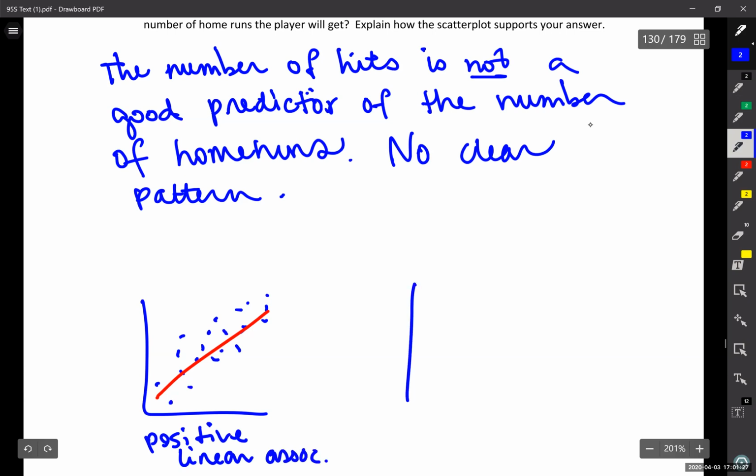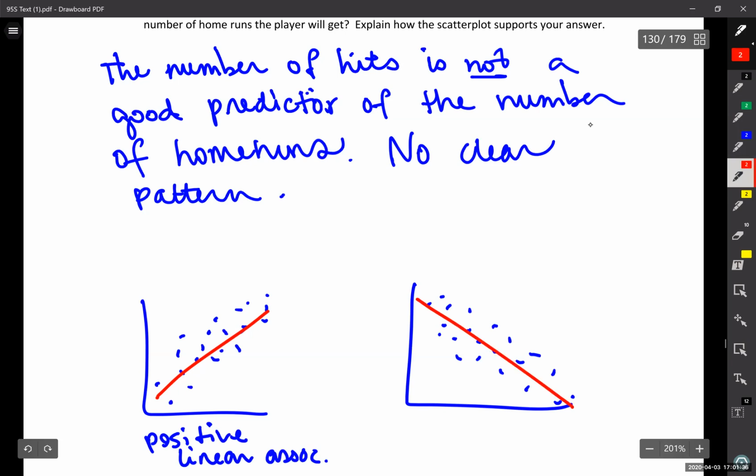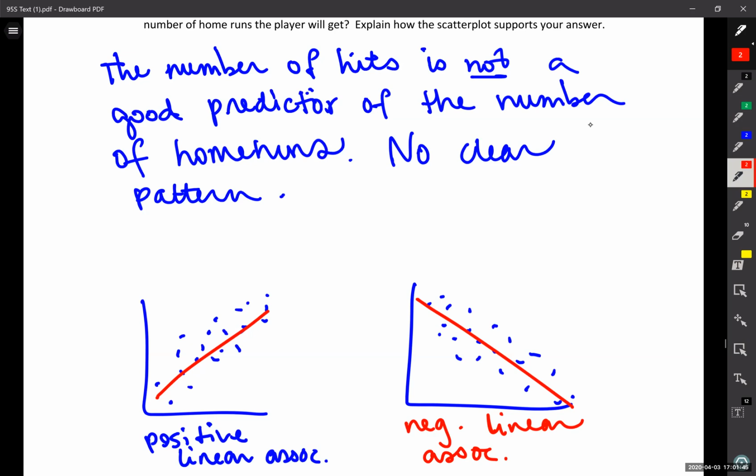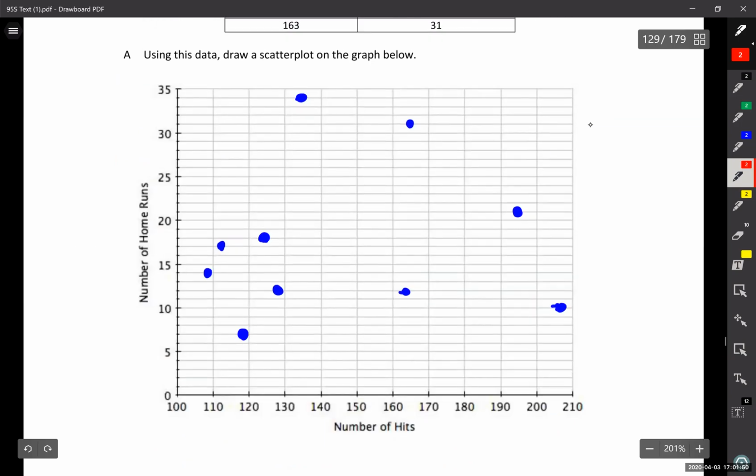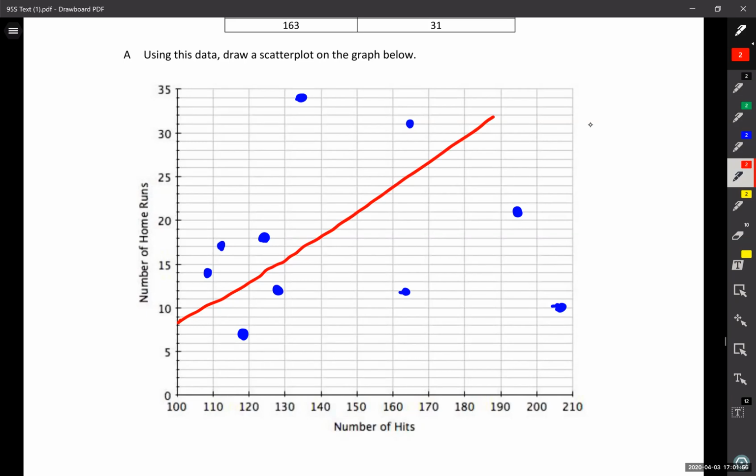This one over here has a bunch of dots all over the place, but it's going down, and overall we see a negative linear association. So those two have clear patterns. This picture does not have a clear pattern. It kind of started off with a clear pattern, like, oh, it looks like it, but then it kind of spazzes out there at the end. So it's not clear, so we just say no.